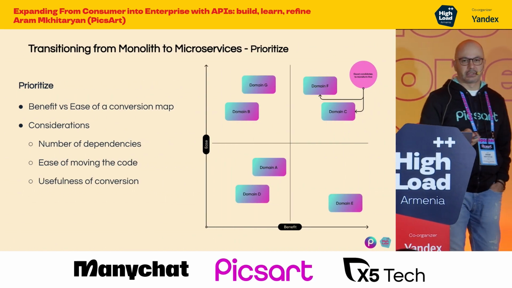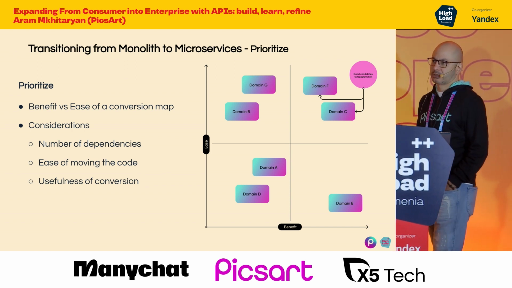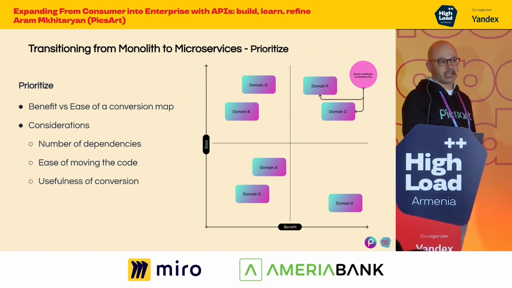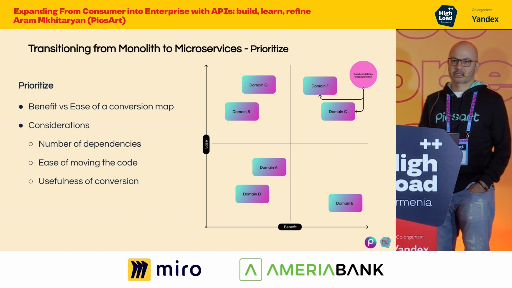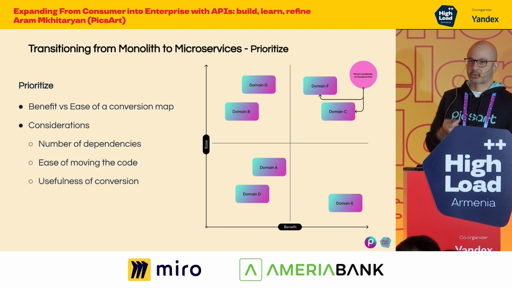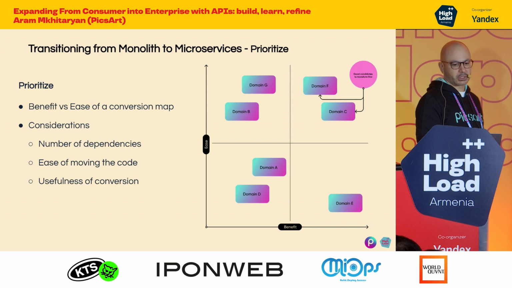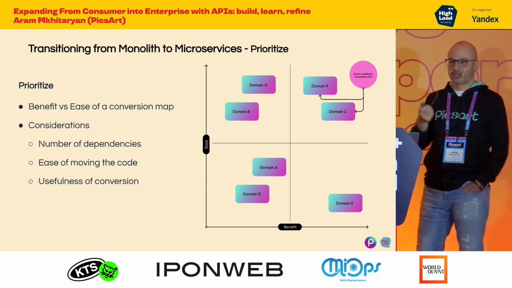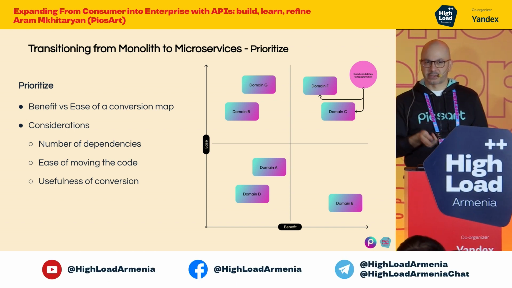Okay, now, if you have run into this problem that you should split the monolith into microservices, that directly implies that there will be quite a big list of microservices, right? Where do you start? Of course, you need a framework for prioritization. One of the easiest frameworks we can work with is the effort and benefit map. You are creating this 2x2 chart, trying to explain where every specific domain lies.